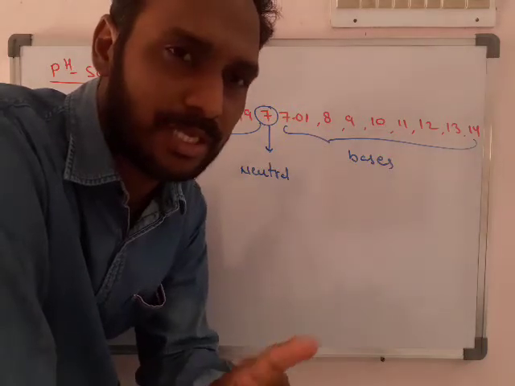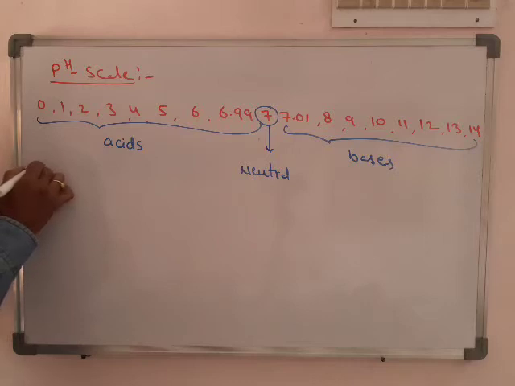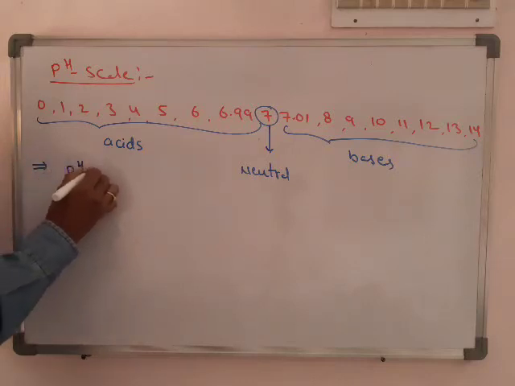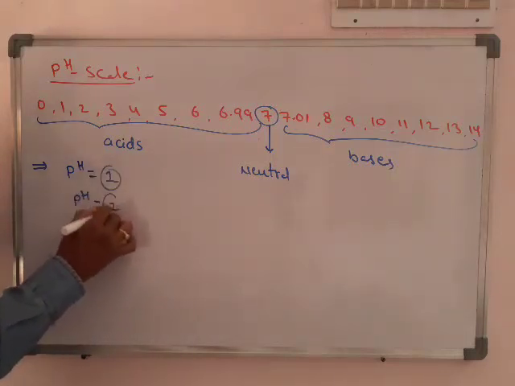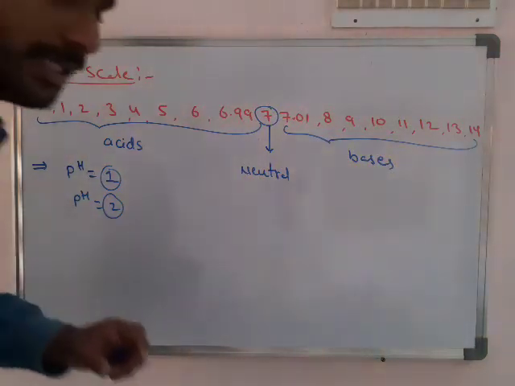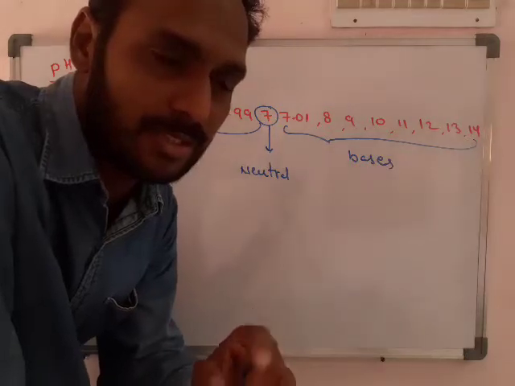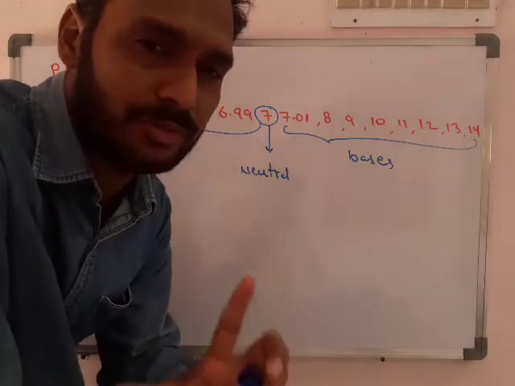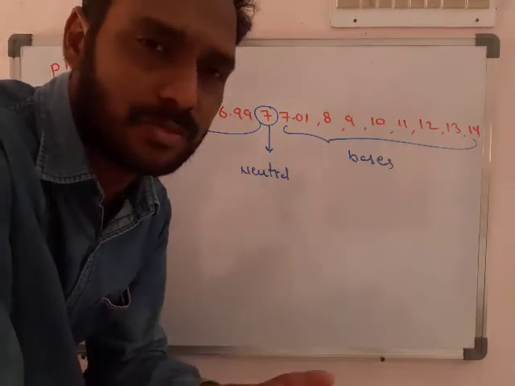For example, take two solutions: one having pH equal 1, the second having pH equal 2. Which is the strong acid in terms of H plus concentration?